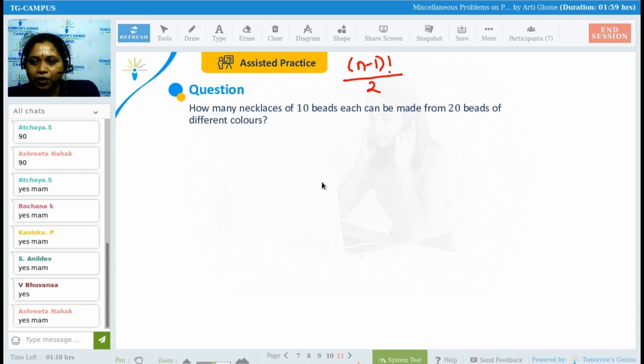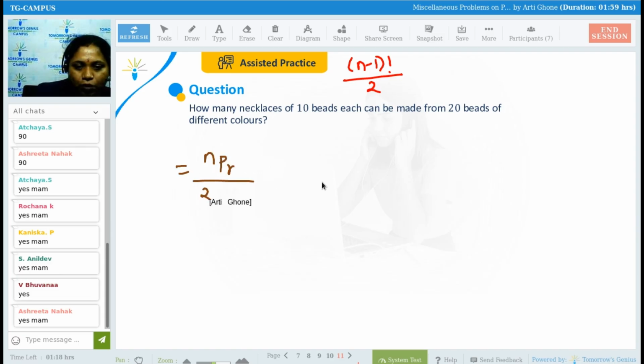But we are not selecting all the beads. If you are provided 10 stones and you attach all 10, it will be a plain circular permutation. But now there is a selection of some things out of n things, so it will be nPr upon 2 times r, where n is 20 and r is 10.